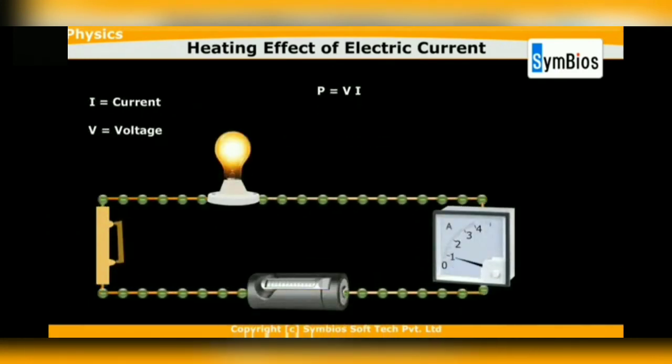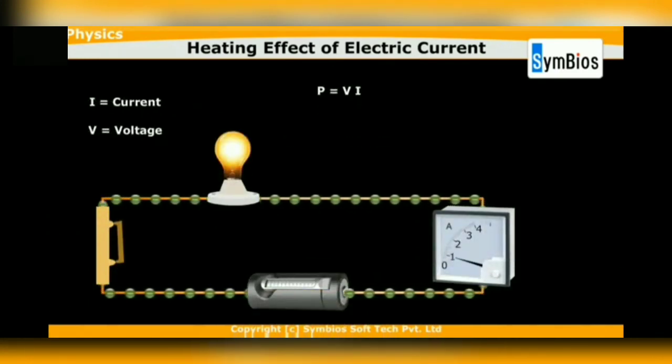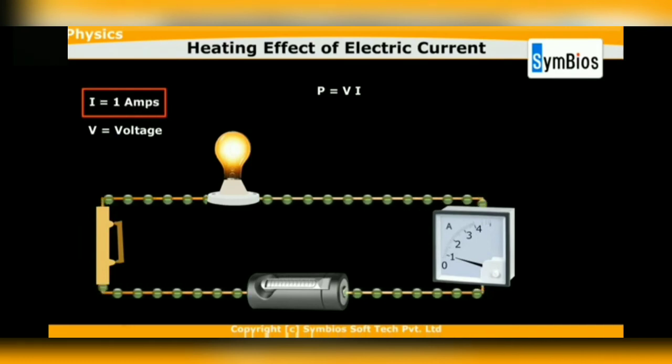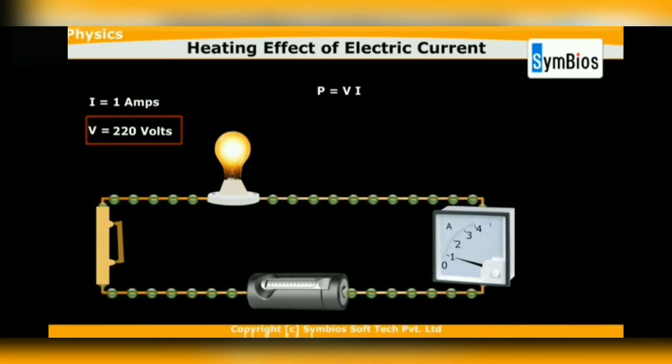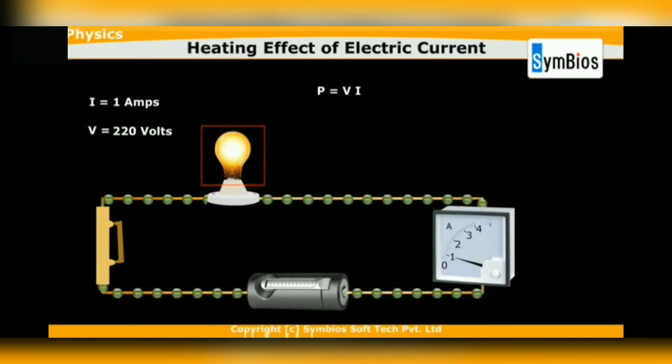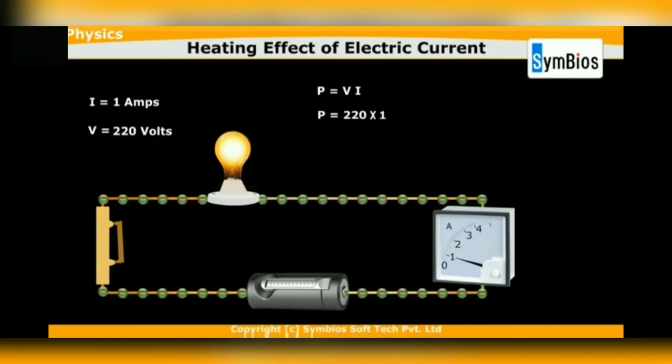Let us consider 1 coulomb per second of charges. That is, 1 ampere current is flowing in a circuit with a bulb having a voltage of 220 volts. We observe that the bulb glows with moderate brightness. The power consumed by the bulb is 220 watt.